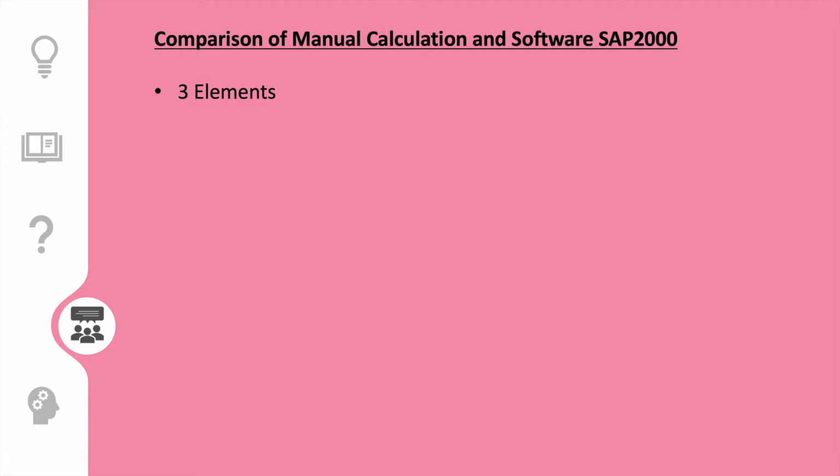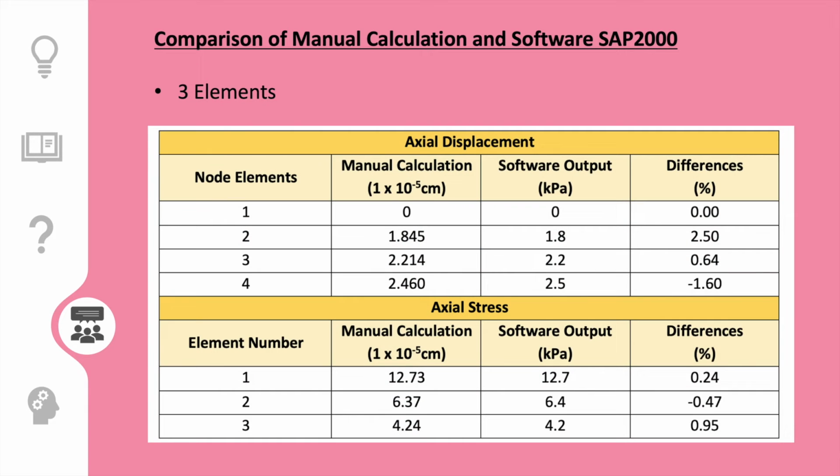Here's the comparison of the manual calculation and the SAP2000 software results that we obtained. The table shows the result of 3 elements in terms of axial displacement and axial stress. The differences between the manual calculation and software have been calculated. A positive sign shows that the value of the manual calculation is more than the software output, while a negative value means that the value of the manual calculation is less than the software output.